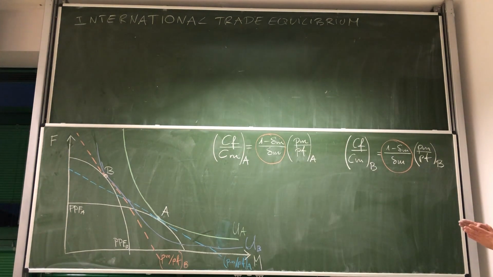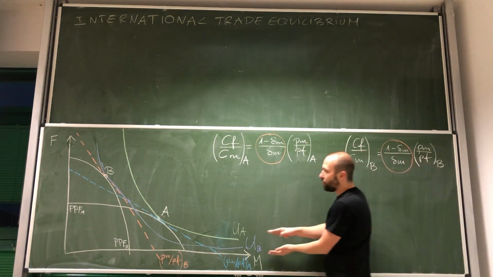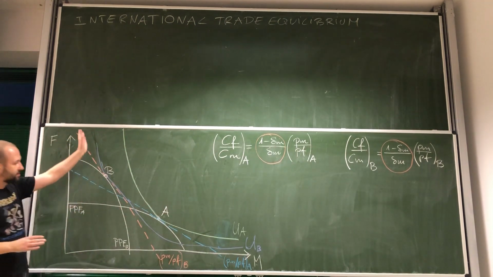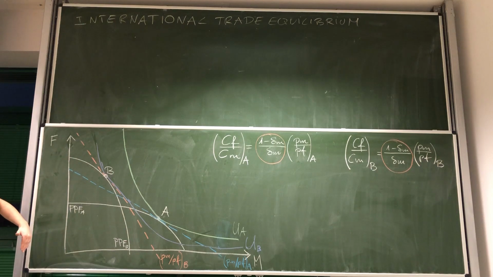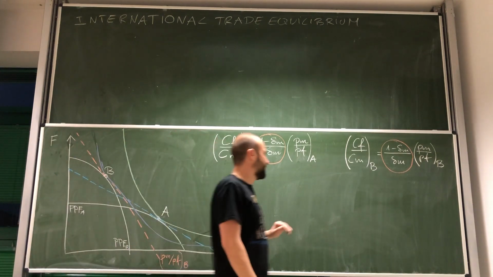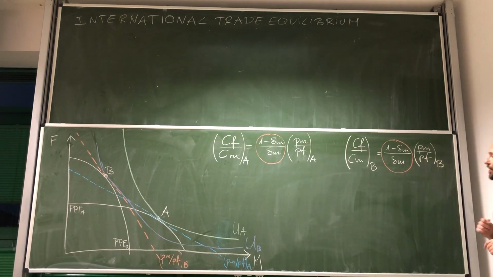And look, because we have homothetic tastes, we also have the same family of indifference curves for both countries, right? So we know that they will never intersect. But this is not the key thing here. Because look, this actually gives us very important information.